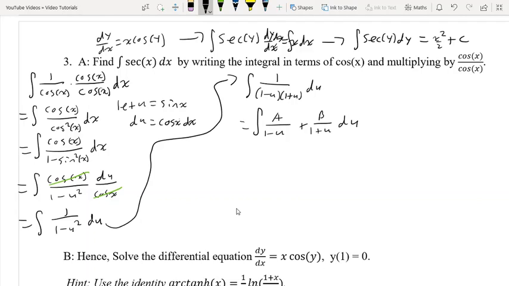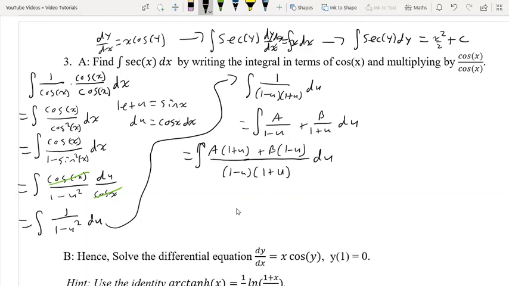And now you multiply both sides by 1 plus u. So this will be the integral of a times 1 plus u, and then plus b times 1 minus u, over top of 1 minus u times 1 plus u du.